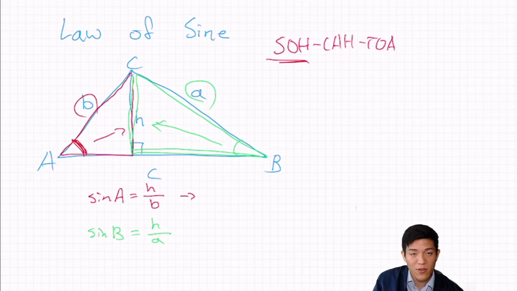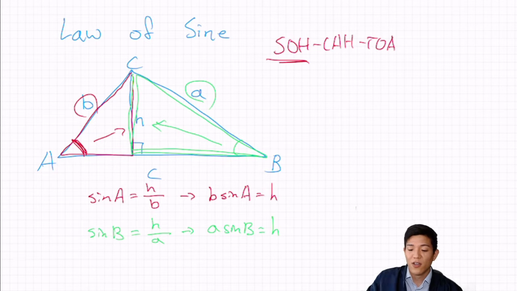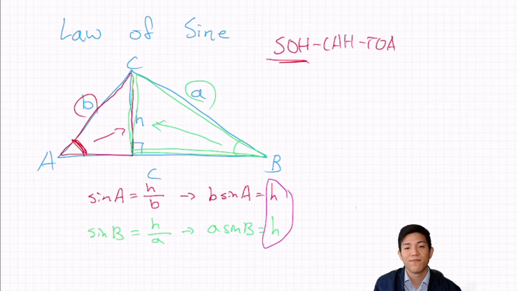If I multiply both sides by b, I get b times sine of angle A is equal to h. And a times sine of angle B is also equal to h. Do you notice how they both equal h there?